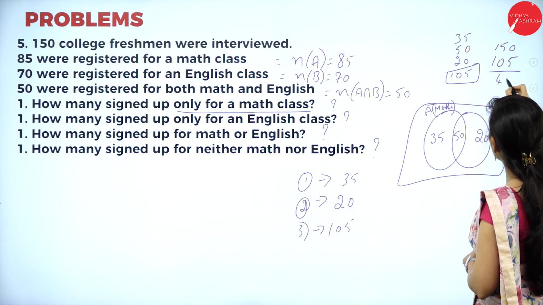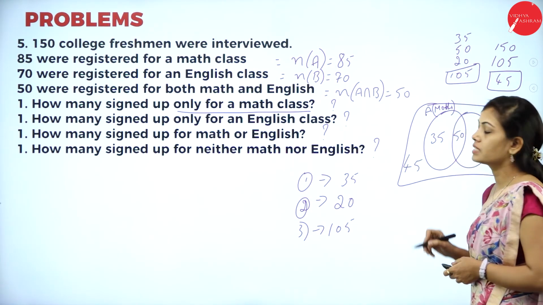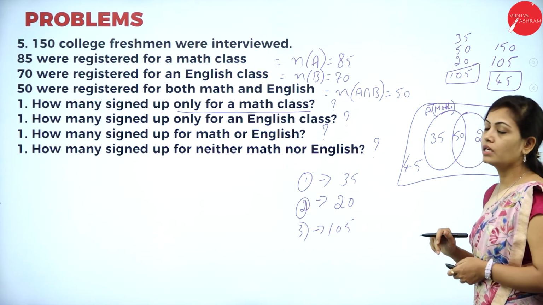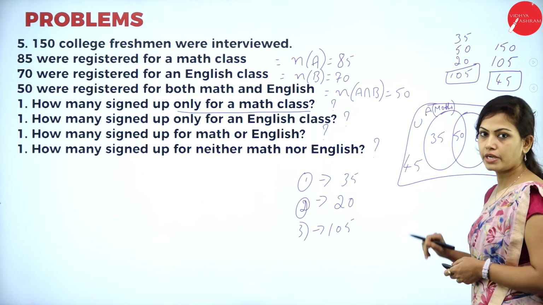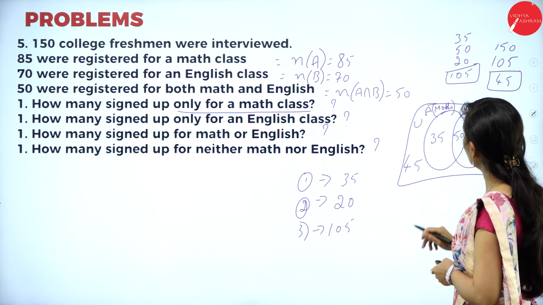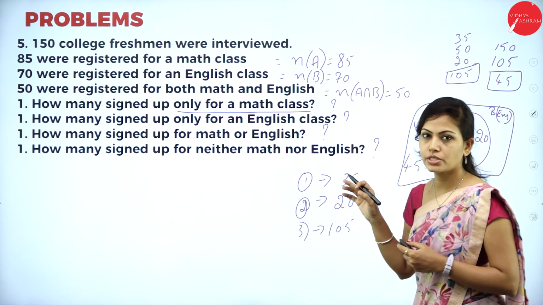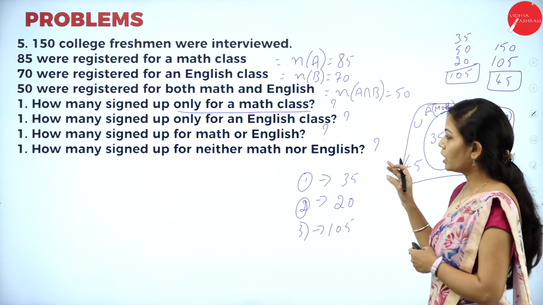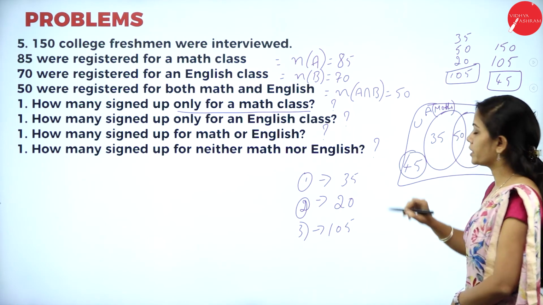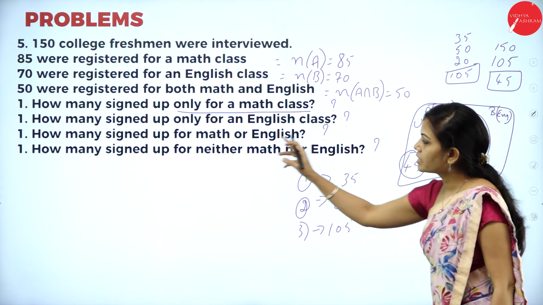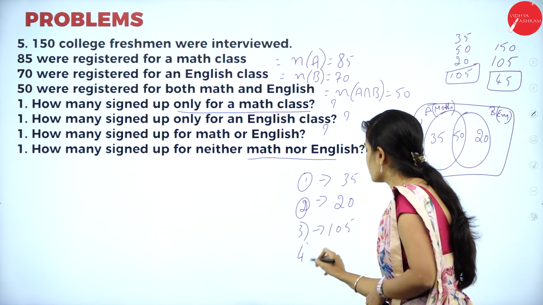So the remaining 45, that is your universal set. You have to mention it in the universal region. That is 45 students. So how many signed up for neither math nor English? That is 45. So 45 students signed up for neither math nor English.